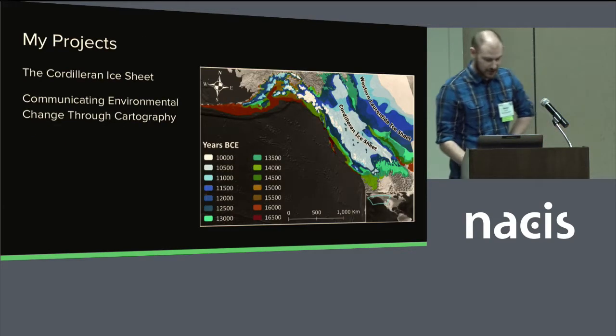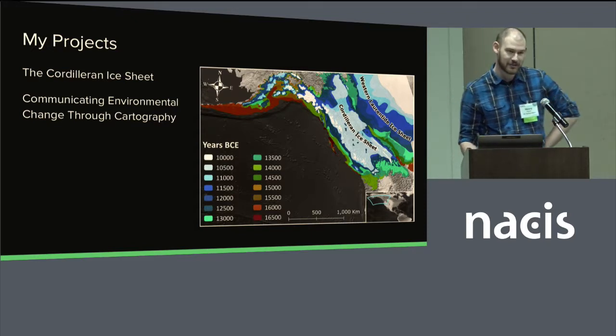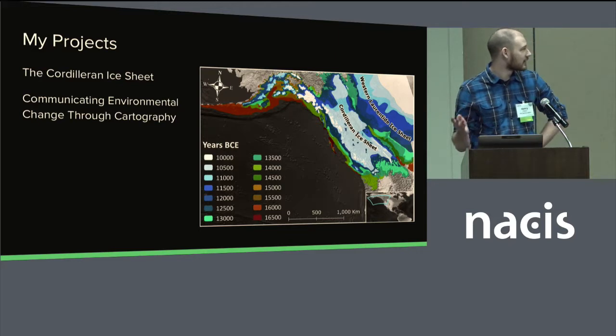So in my undergrad, I attempted to create an interactive and static tool of mapping the change of the Cordilleran ice sheet, which was the historical ice sheet that covered the Pacific Northwest during the Ice Age of approximately 20,000 to 10,000 years before the Common Era.